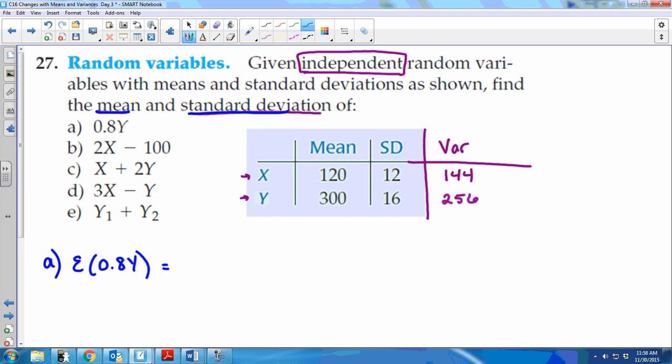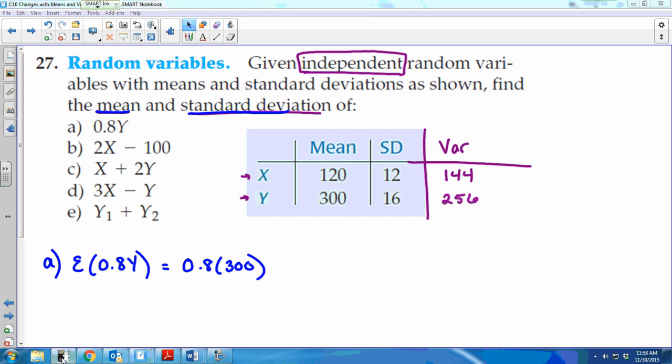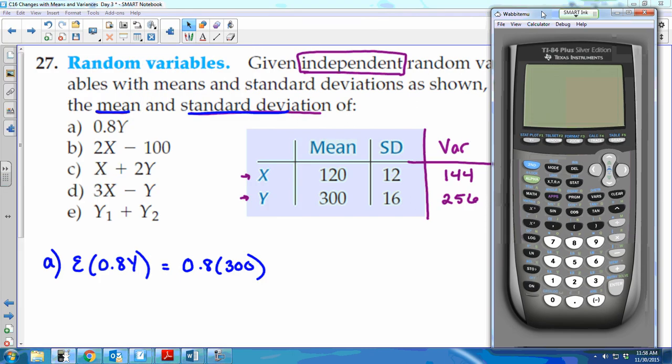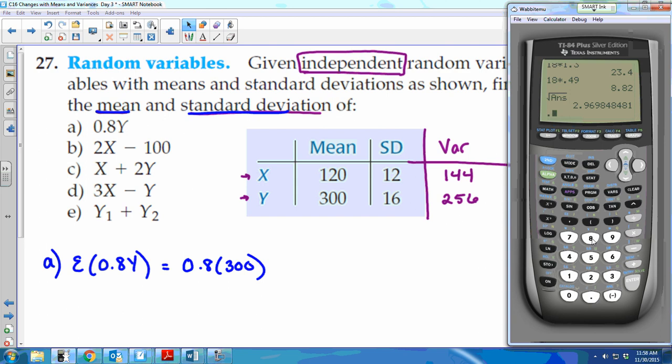So what is the mean of y? $300. So it should be 0.8 times 300, which is $240.